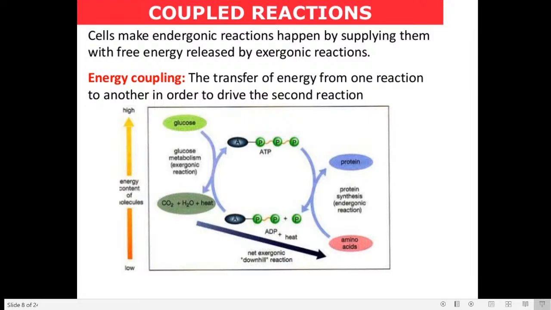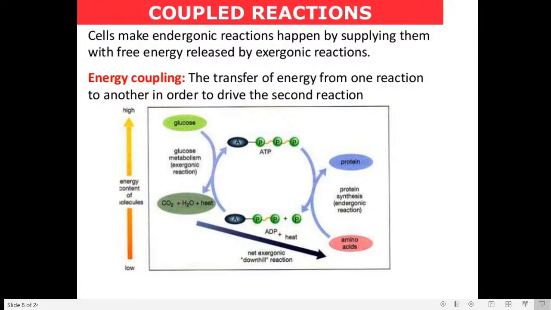The cell makes an endergonic reaction happen by supplying it with free energy released by an exergonic reaction. In this pathway, the exergonic reaction inside the cell produces energy, and that energy is utilized through the transfer of energy from one reaction to another, second reaction.